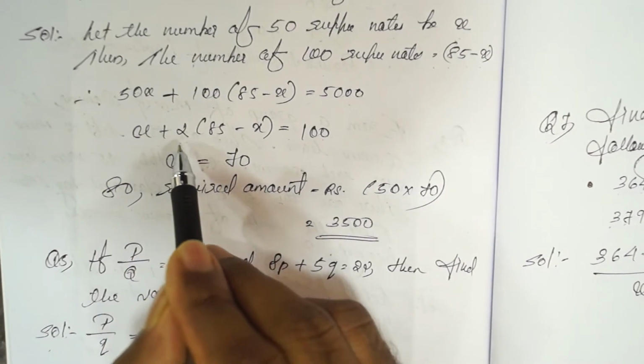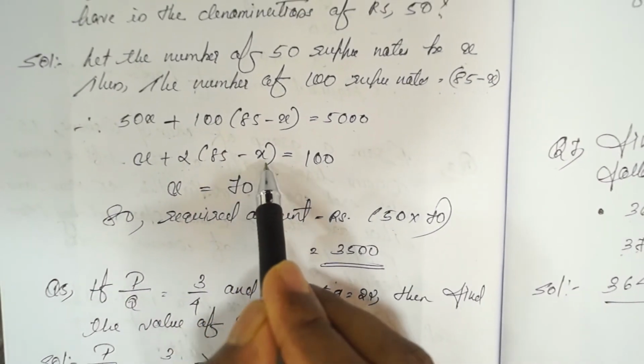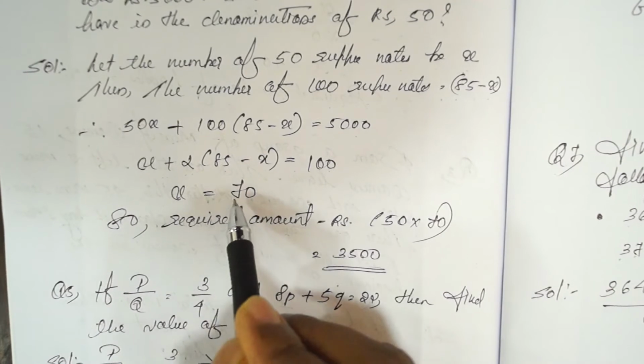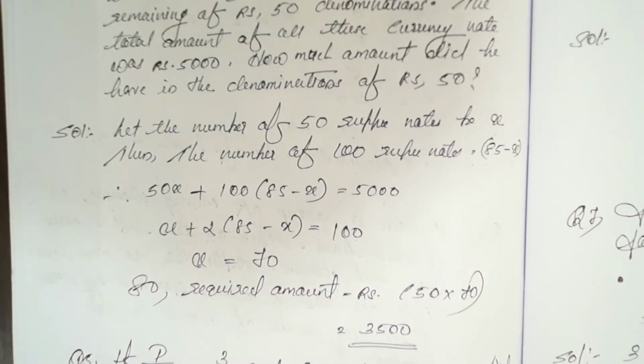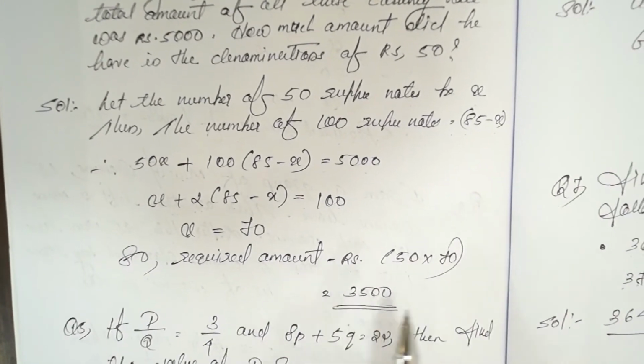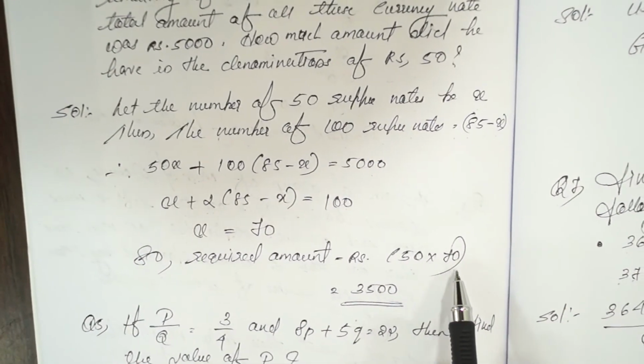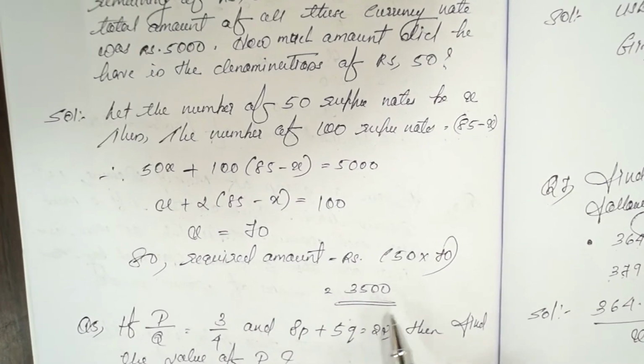So x plus 2 into 85 minus x is equal to 100. So x is equal to 70. So our question is, we have to find the total. So the required amount is rupees 50 into 70, which is 3500.